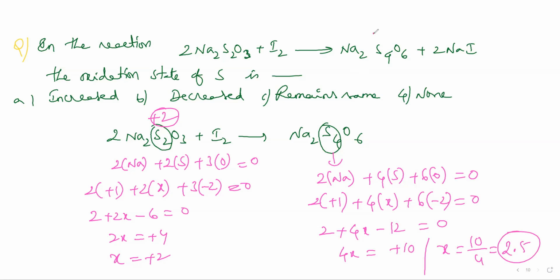So here sulfur oxidation state is 2.5. Now what is the change? Plus 2 to 2.5. Is it increased or decreased? Plus 2 to 2.5 means increased. So the oxidation state is increased. Done. Next question.